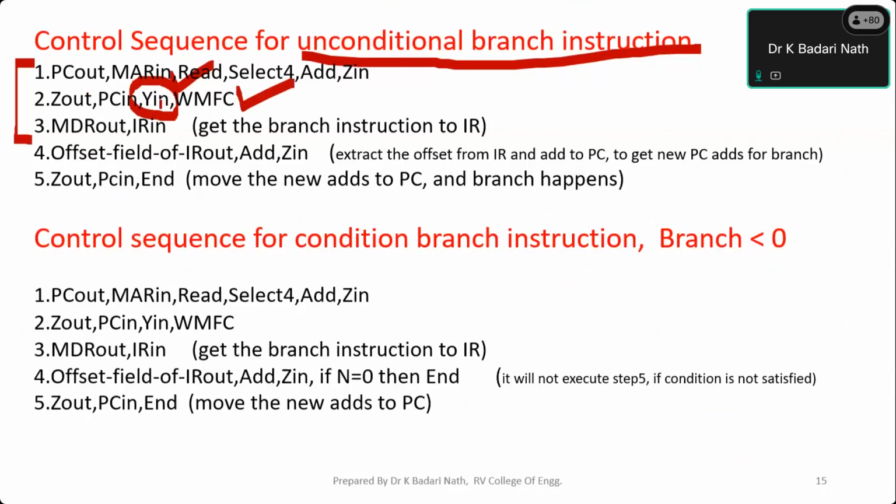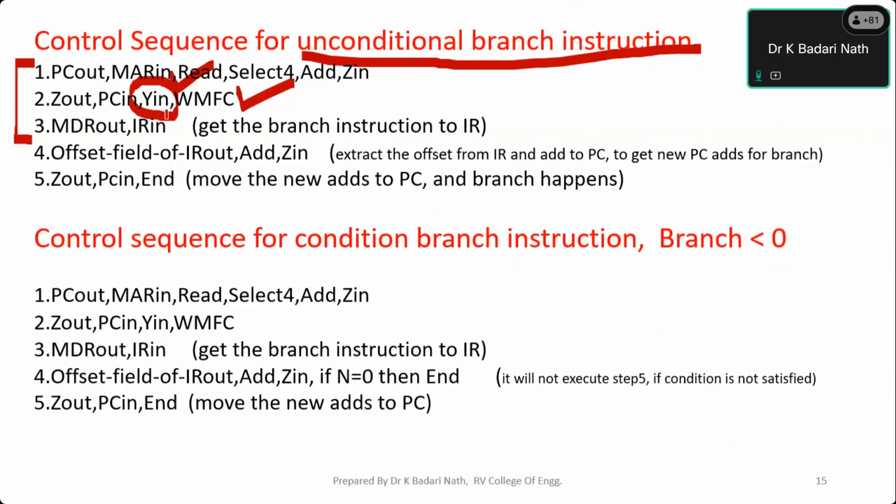At the same time, I am also writing the program counter value into the Y register. It is not required in all cases, but in some instructions like branch instructions, where the program counter is used as a reference to go to another place, I am keeping it ready in the Y register. In the previous instructions we studied, there was no use of this. Even though we were writing Y, it was not used.